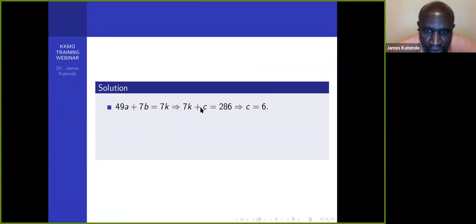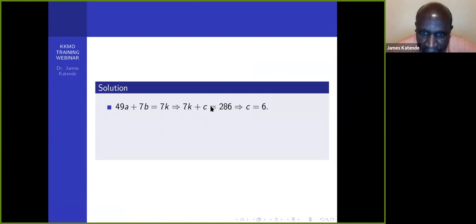Now C is supposed to be a 1-digit number. It's just a single digit. So the only option you have here will be C is equal to 6, because 280 is a multiple of 7. And that's the only multiple that will give you a remainder of a single digit number.